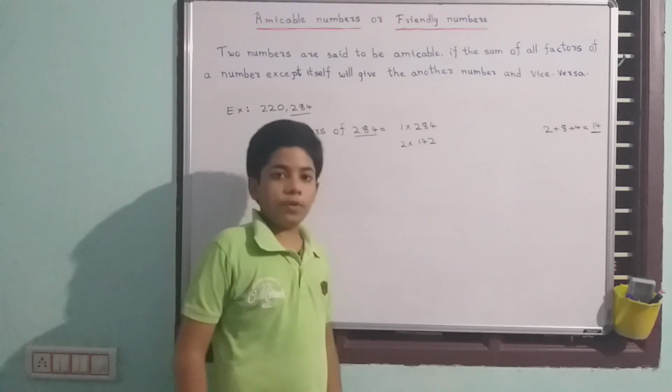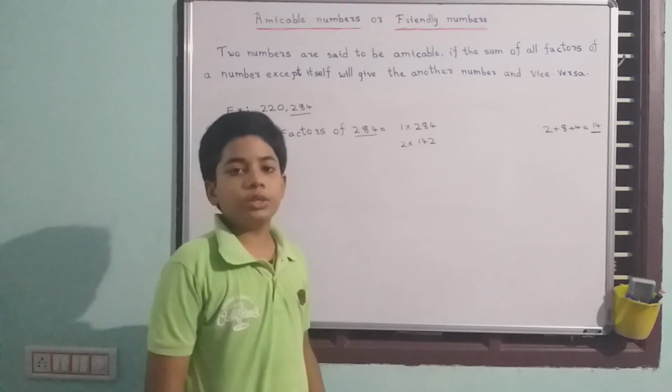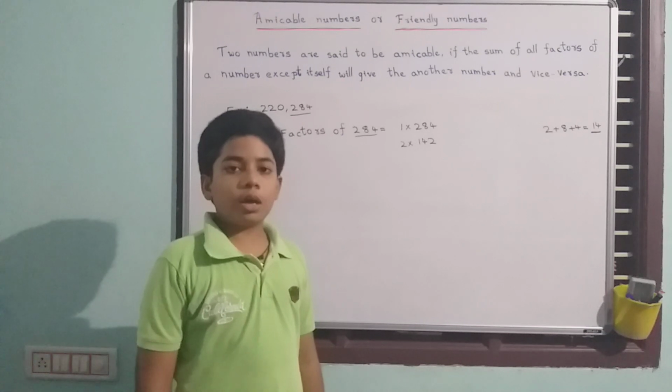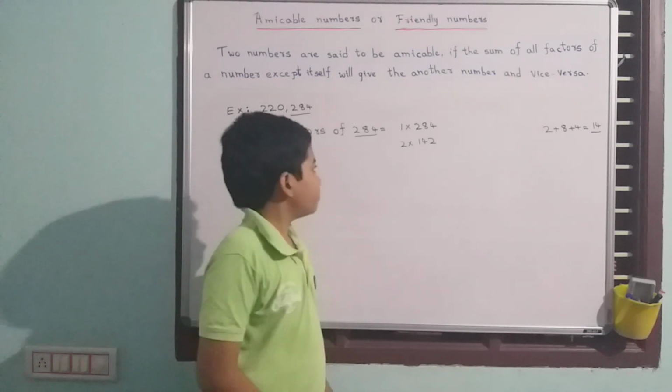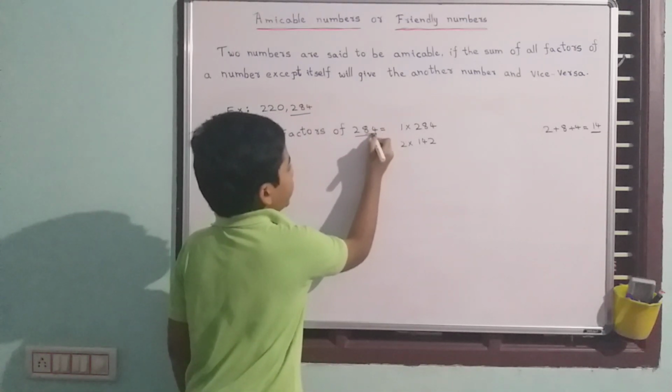Let us check with 4. The divisibility rule of 4 is the last two digits of the given number has to be zeros, or the last two digits of the given number has to be divisible by 4. So the last two digits of 284 is 84.